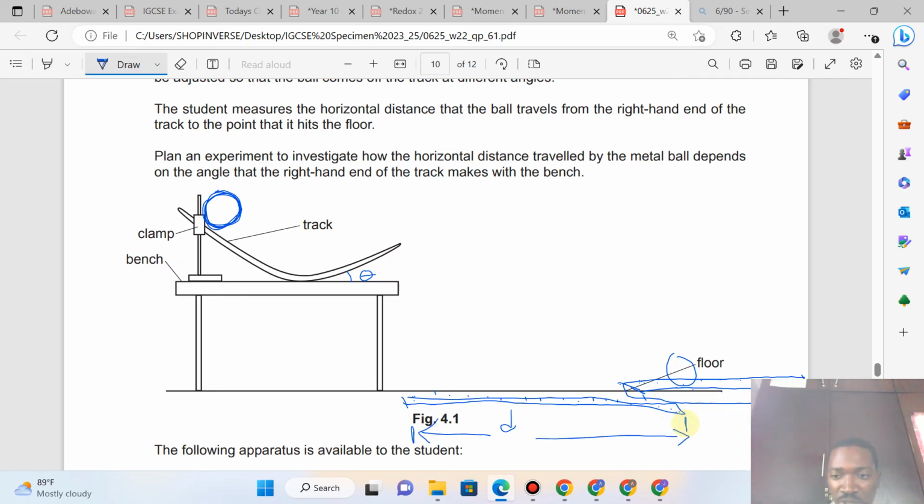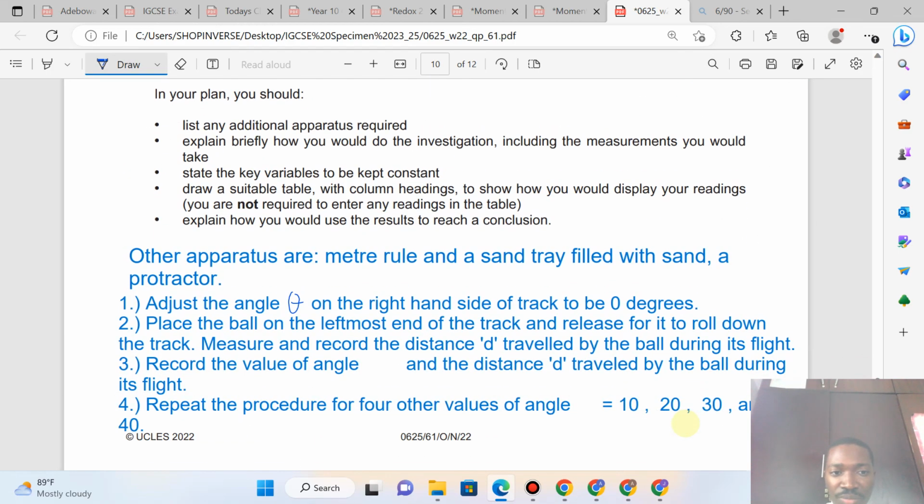Good, so let's proceed. The next step says, you measure and record the distance d traveled by the ball during its flight. Also, you record the value of the angle theta. You measure your angle theta in degrees, and the distance d in meters traveled by the ball during its flight.